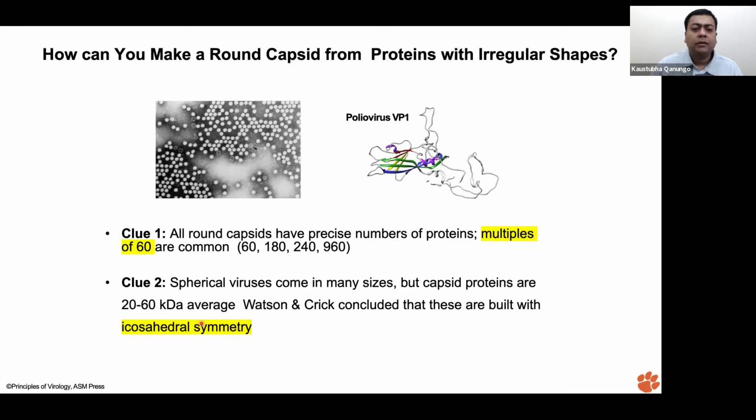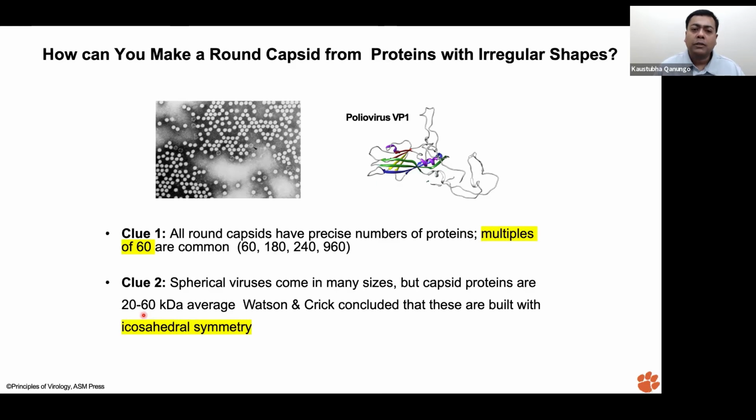The second clue is that spherical viruses come in many sizes, but the capsid proteins are about 20 to 60 kilodaltons. And Watson and Crick concluded that these are built with icosahedral symmetry. So what do we mean by this? If the proteins are between 20 and 60 kilodaltons, and the viral structures are getting bigger and bigger, you have very small ones, like 20 nanometers, but very large ones, like 150 nanometers for, say, adenoviruses.